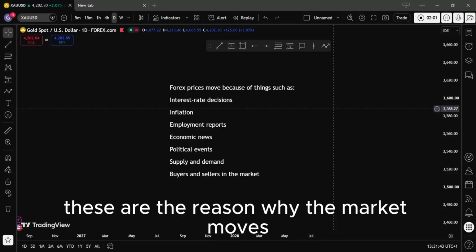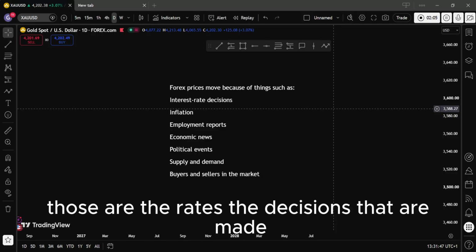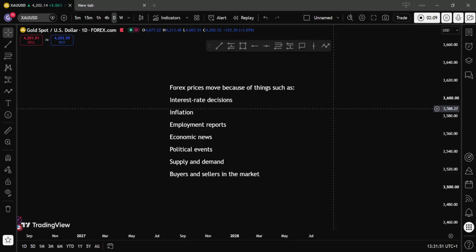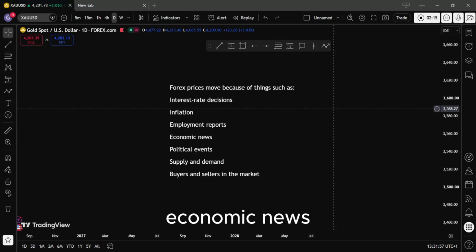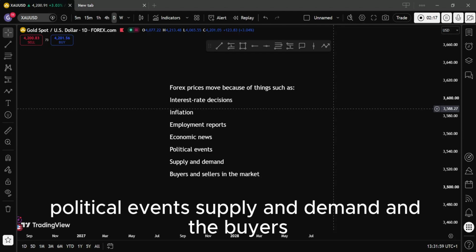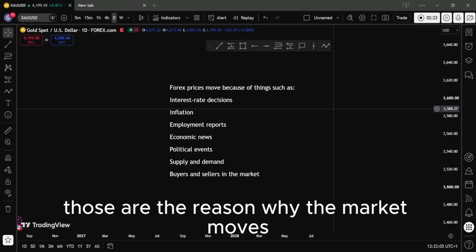The interest rates are the decisions that are made sometimes in the market. And the buyers, me and you in the market. Those are the reasons why the market moves.